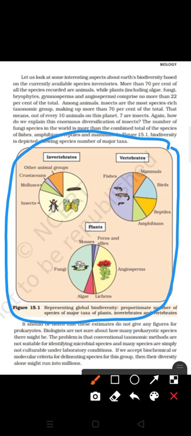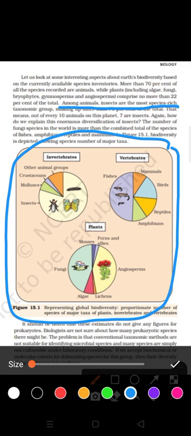So 70% are animals, that is the information we have. Among animals, insects are the most species-rich taxonomic group. Please remember these lines, these are very important lines. Of every 10 animals on this planet, 7 are insects.